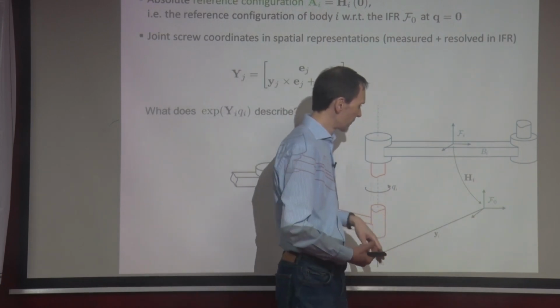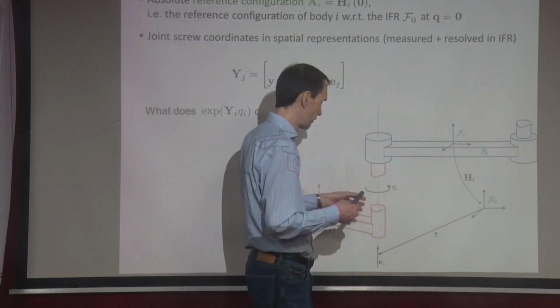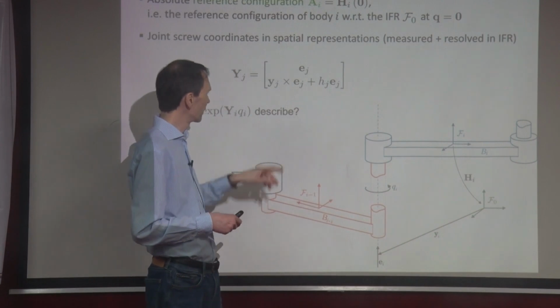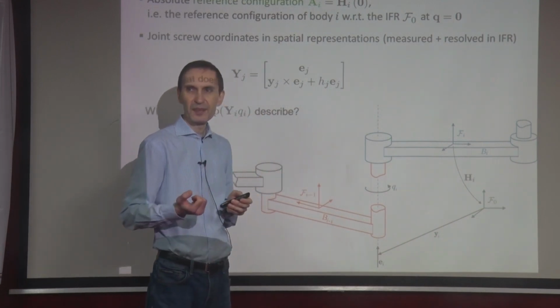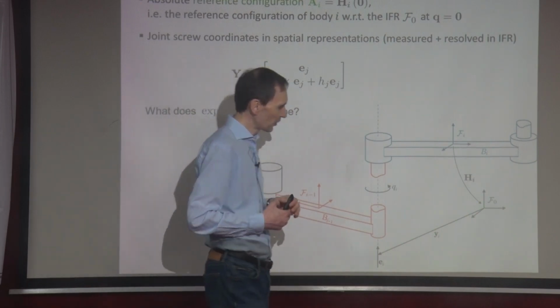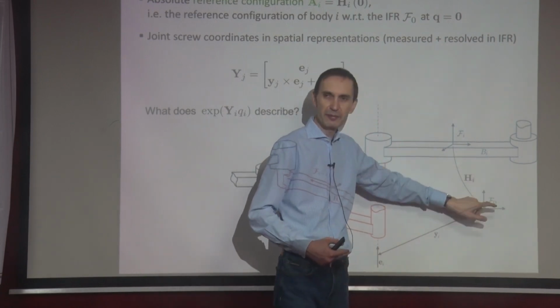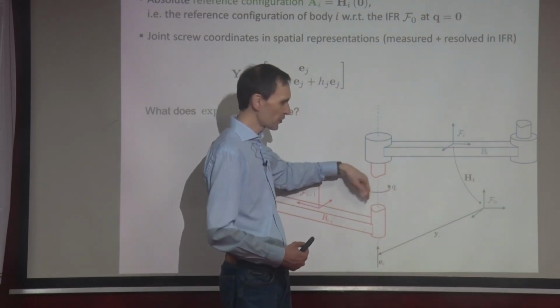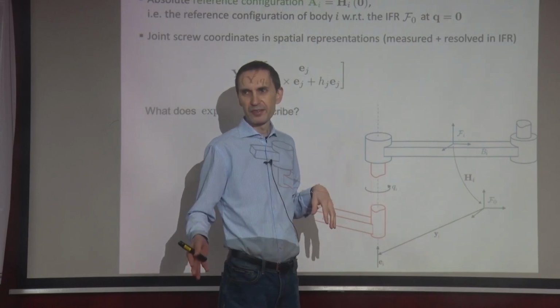So what it describes is, when this joint is turning, the frame relative to which we have been describing the screw coordinates is displaced. So essentially what it tells you is how this inertia frame is moving when the joint is turning. Actually, what I said doesn't quite make sense.